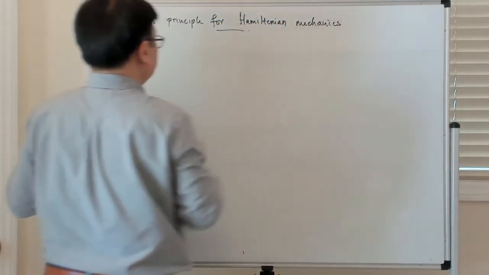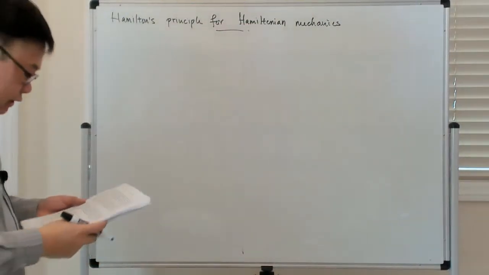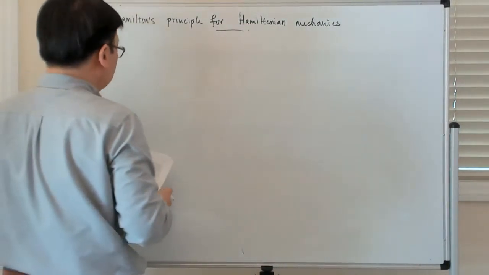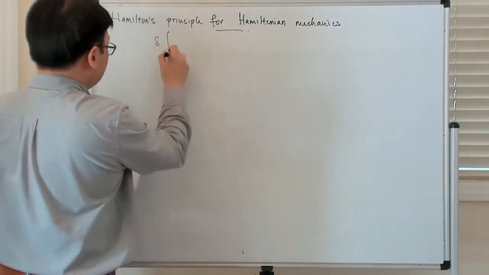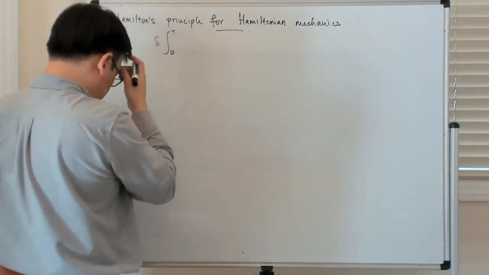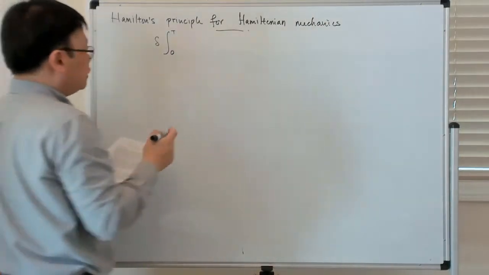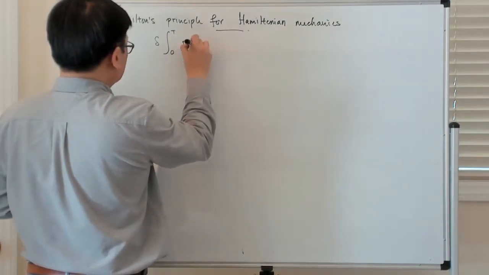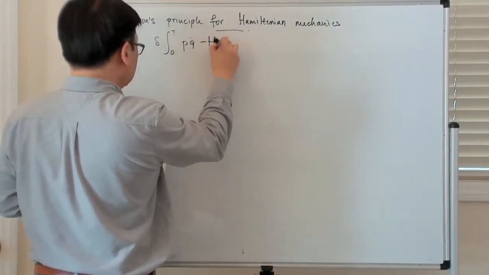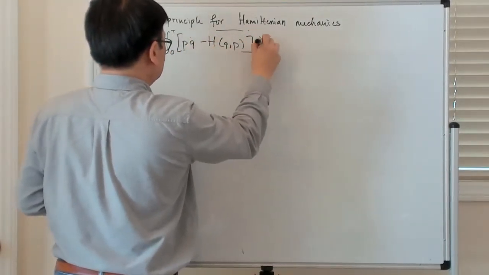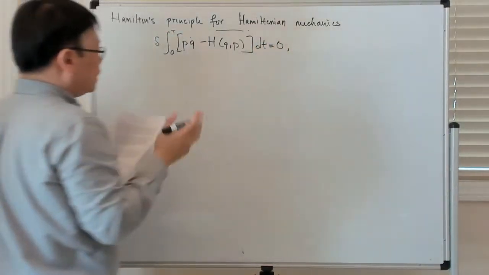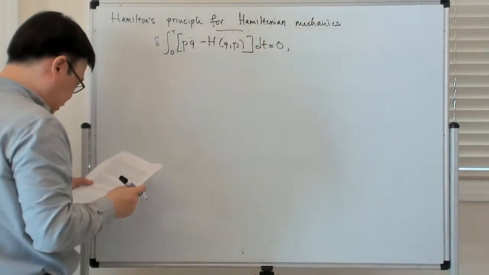So you might know what is called Hamilton's phase-space principle, which says that if you take variations of this sort of action integral, but essentially written in terms of the Hamiltonian, you get the integral of p q dot minus H(q, p) dt equals 0. And then you have to specify the boundary conditions, right?